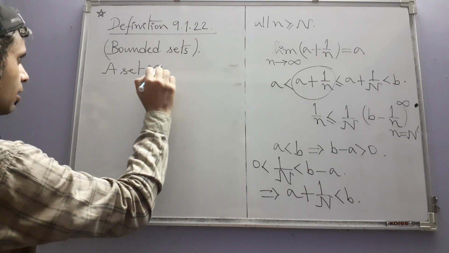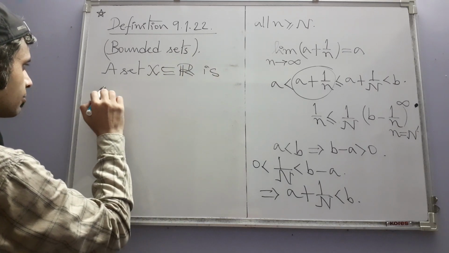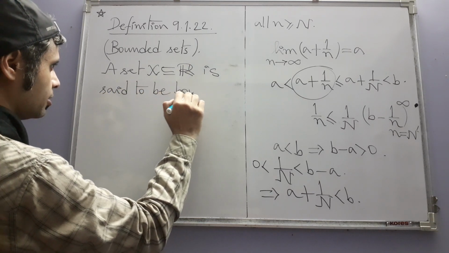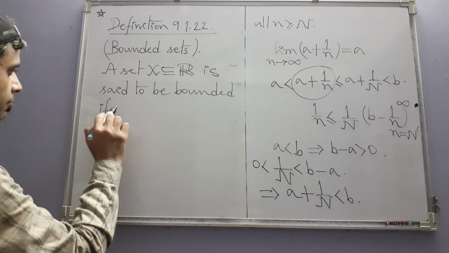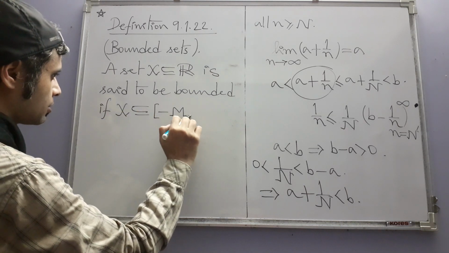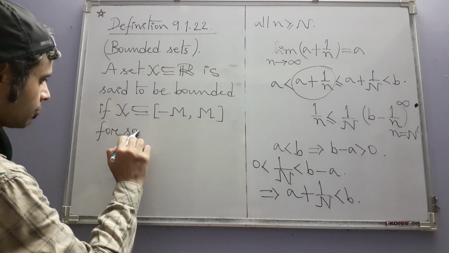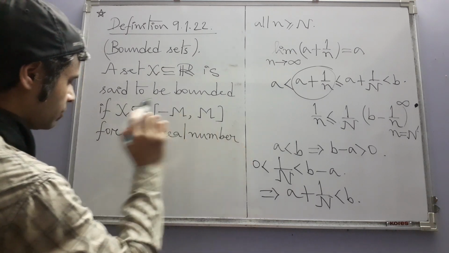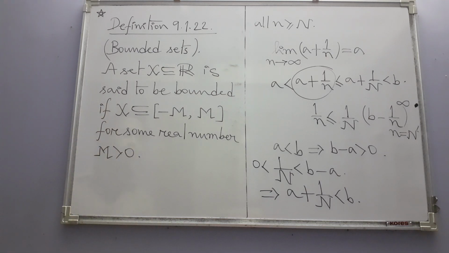A set X, again a subset of R, is said to be bounded if X is contained in a closed interval of this form, minus m to m, for some real number m that is positive.